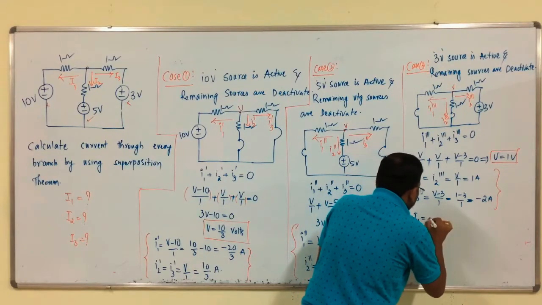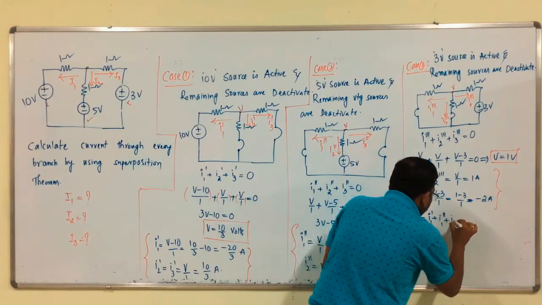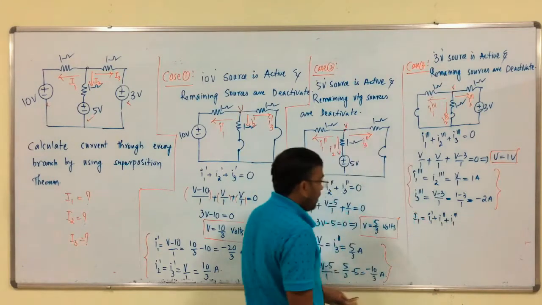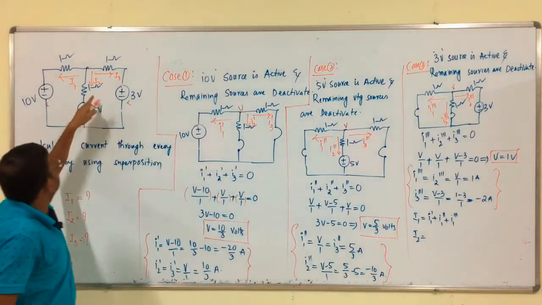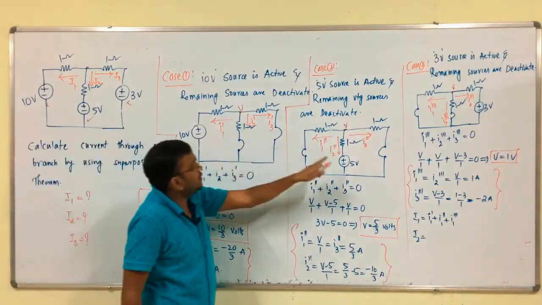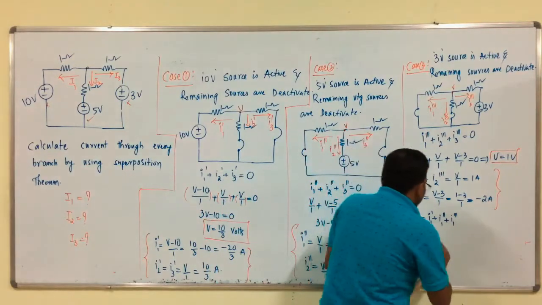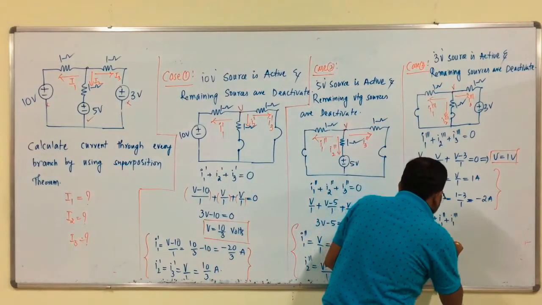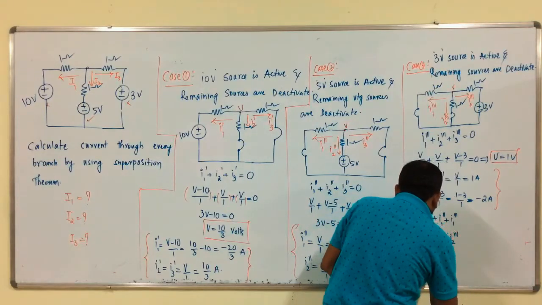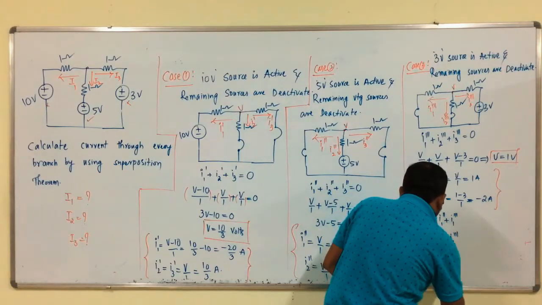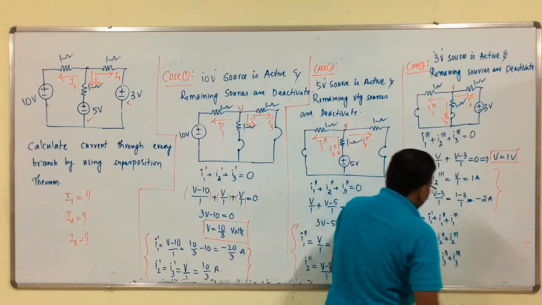Now, I2: see the direction, I2 dash, I2 double dash, I2 triple dash, all are in the same direction. So add I2 dash plus I2 double dash plus I2 triple dash. Same manner, I3 dash plus I3 double dash plus I3 triple dash.